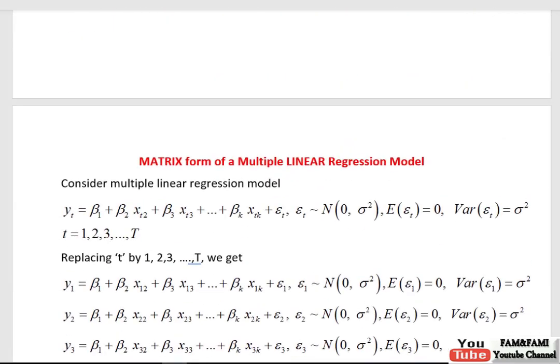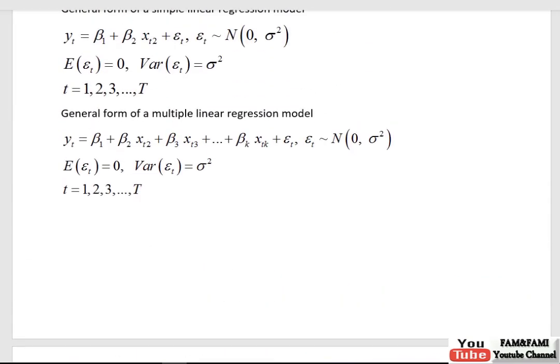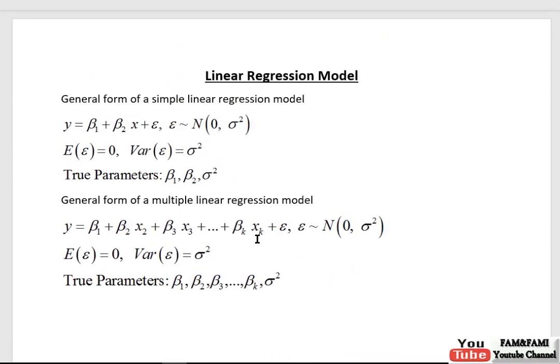from where we started, the parameters are beta 1 to beta k and sigma square, and they are actually mentioned here. So whether you use non-matrix notation or matrix notation, the parameters are exactly the same.